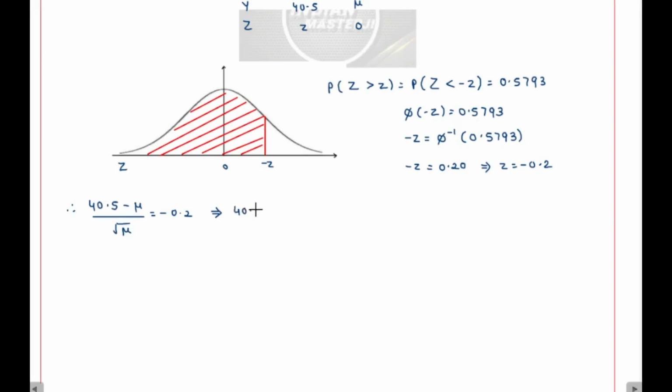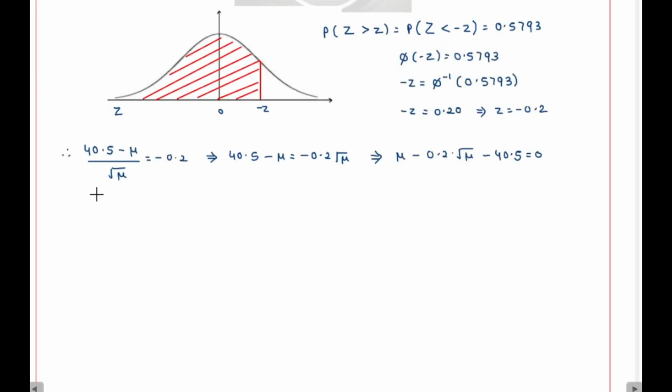So can I say this is 40.5 minus mu is equal to minus 0.2 root of mu, or in other words can I say mu minus 0.2 into root of mu minus 40.5 is equal to 0? Or in other words, can I write this mu as (root mu) whole square minus 0.2 into root mu minus of 40.5 is equal to 0?